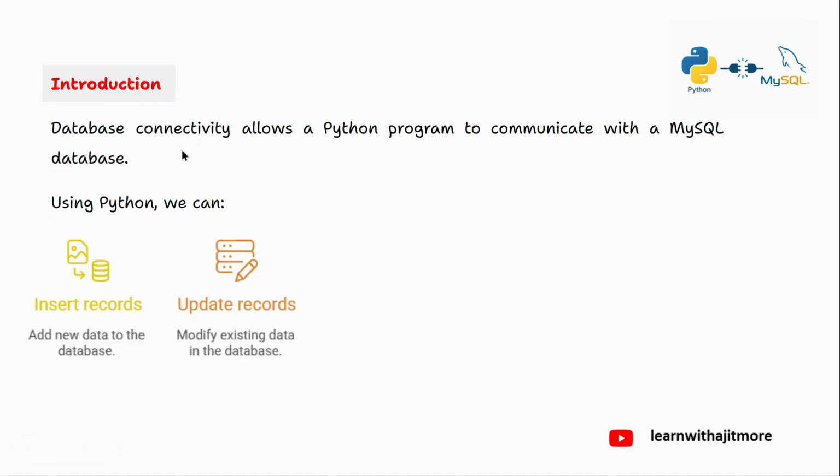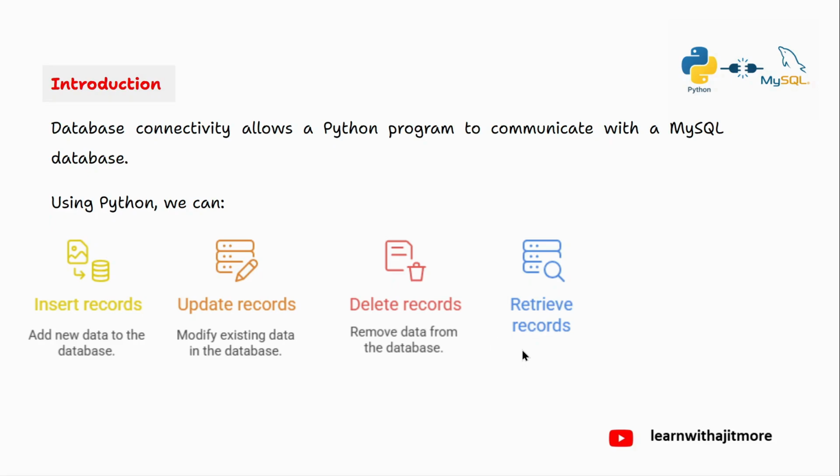Through the Python program, we will be modifying existing records, deleting records, and removing data from the database. Even we will retrieve the records. All things we'll learn one by one, don't worry. Okay, so we'll learn how to retrieve records, and whatever records your DBMS sends, we will collect in Python. And after collecting in Python, we will show it to the end user.